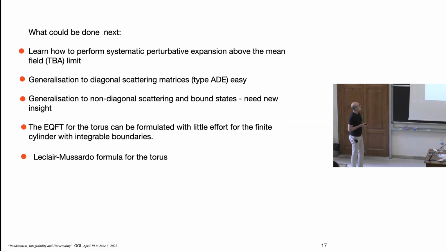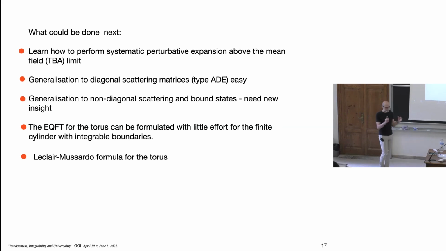The last thing is that one can try to compute the one-point functions on the torus. At least the corrections for a large but finite, say, R cycle, by generalizing the Leclair-Mussardo formula.